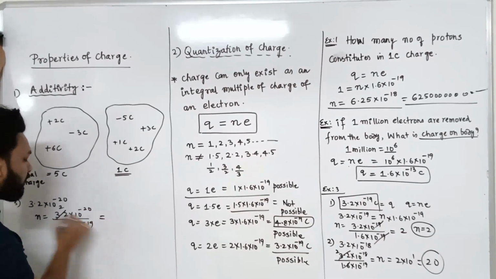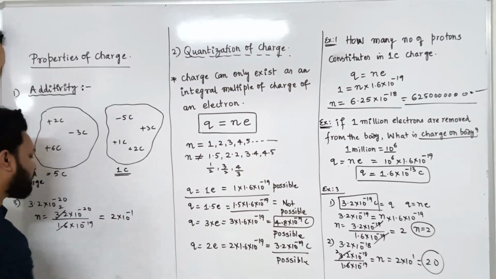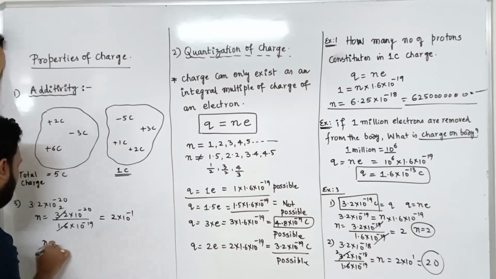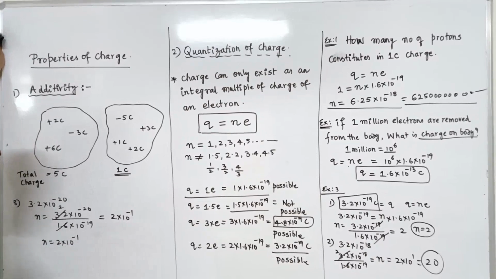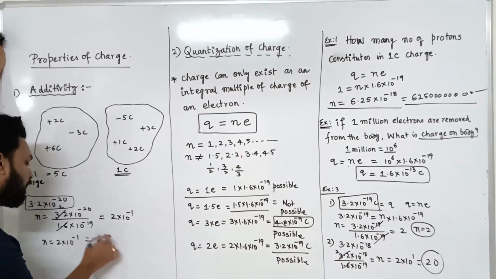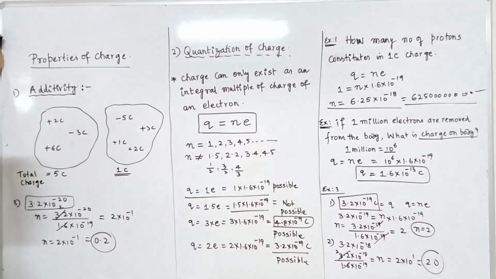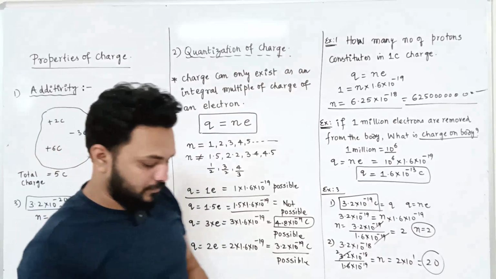So minus 20 plus 19 will be minus 1. 2 into 10 to the power minus 1. So n we are getting 2 into 10 to the power minus 1. This charge will exist or not? Tell me. How much we are getting? 0.2 we are getting, no? इसका मतलब this charge will not exist in the nature.